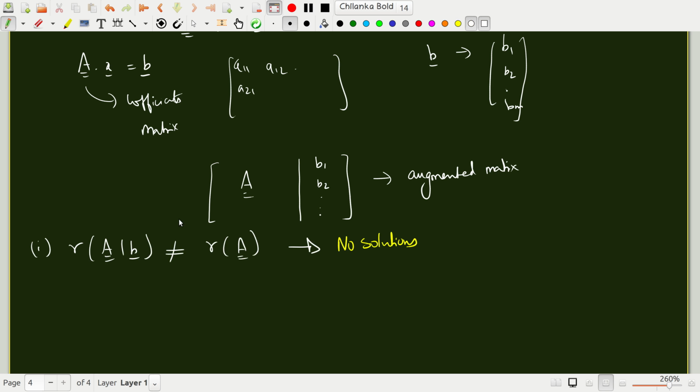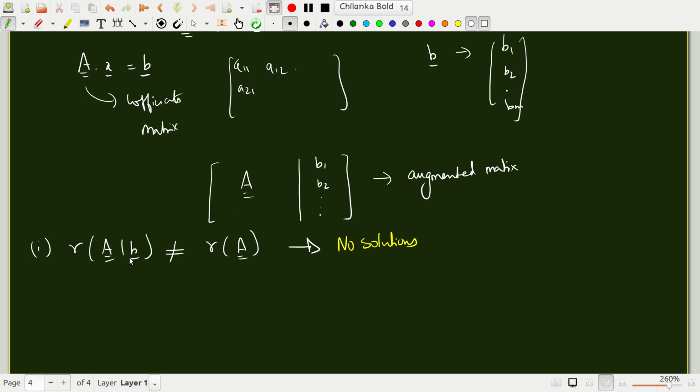The reason is the following: if the rank of A is, let's say, 3, and the rank of A and b put together, the augmented matrix, is 4, that means that b is linearly independent of the column vectors of A. So therefore you cannot express b in terms of A. That's the same idea, expressed in terms of rank.